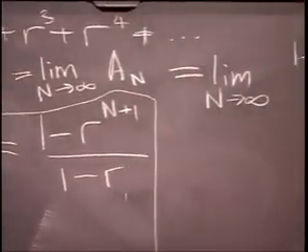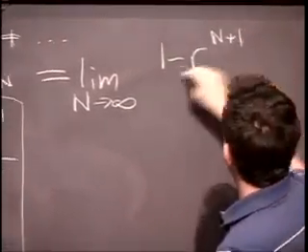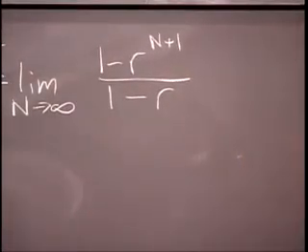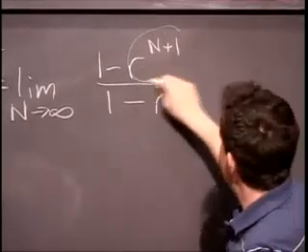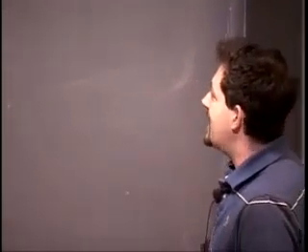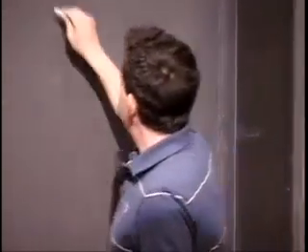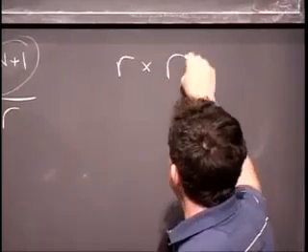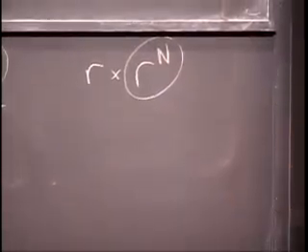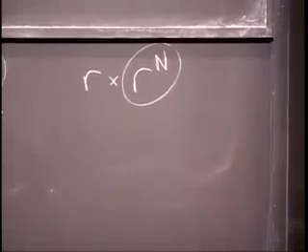So this is the limit of 1 minus r to the n plus 1 over 1 minus r. And now you just have to take the limit of this piece, and this piece is the only part that depends on capital N. The easiest way to deal with it is to write it as r times r to the n and ask what happens to this. And I wrote up 4 possibilities, most of them pretty nasty.